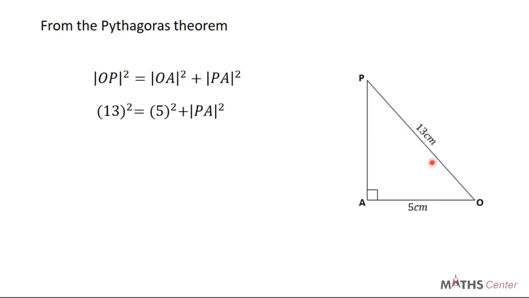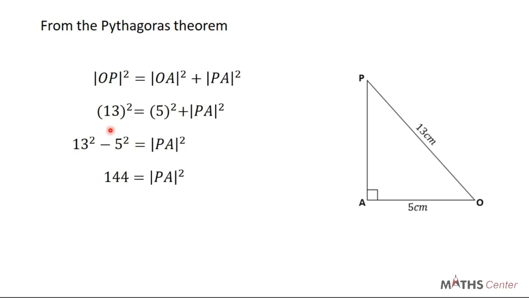Now we know that the length of OP is 13 centimeters, so 13 squared. We also know that OA is 5 centimeters, so 5 squared. Then we have plus PA squared. Grouping like terms, we have 13 squared minus 5 squared is equal to PA squared. 13 squared minus 5 squared gives us 144.